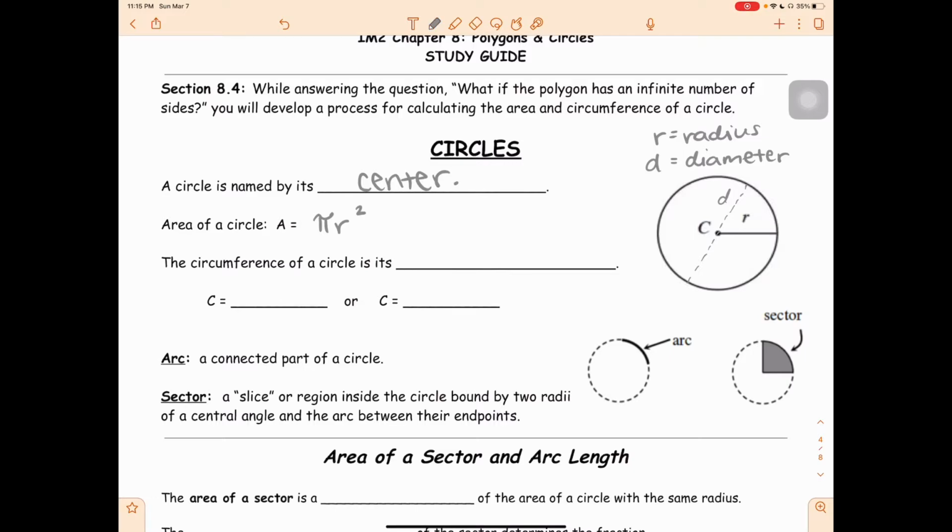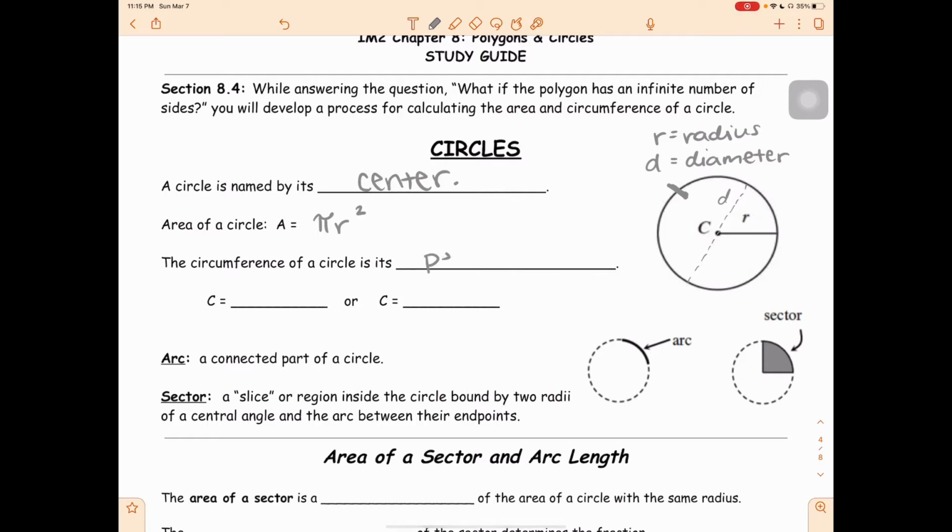So the circumference of a circle is essentially its perimeter. So it's how far, like if I were to cut this circle and lay it out flat, if I had a piece of yarn in a circle and I cut the yarn and put it as a straight line, that's its circumference.